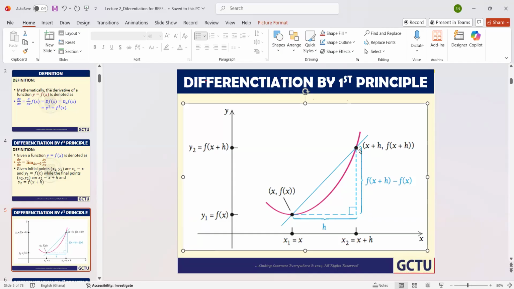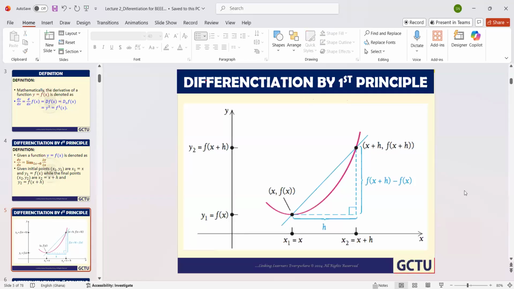And my y2 is the increment from f of x to f of x plus h. So what is the slope? You know slope is change in y over change in x. The numerator is the function of x plus h minus the function of x, all divided by x2 minus x1, that would be x plus h minus x.